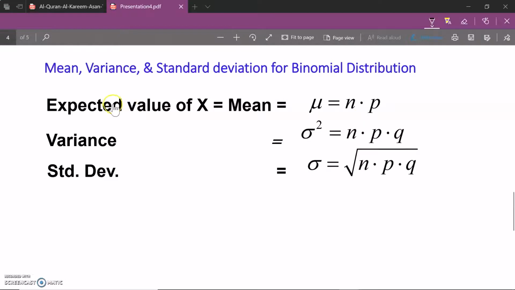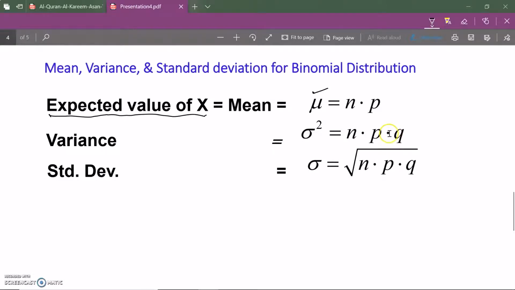First, the formula for the mean. It's represented by mu. Mu is equal to n times p, and this mean is also called the expected value of x. I will explain what I mean by the expected value. The variance is defined as n times p times q.